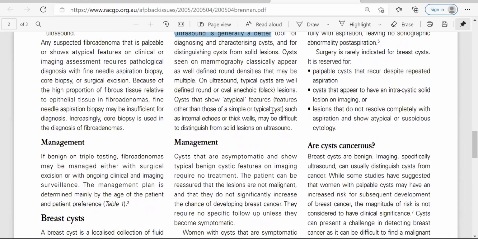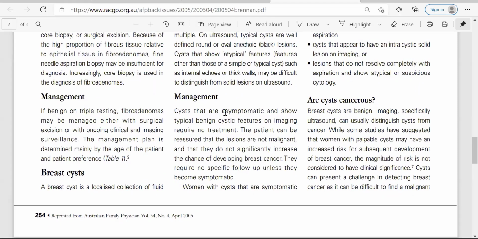Now on ultrasound, usually they can say whether it is a typical cyst, a simple cyst with typical feature, or a simple cyst with atypical feature. If it is an atypical feature, which means you might get some thick wall or some abnormal echoes in the ultrasound, that time you should do further imaging, especially FNAC or biopsy.